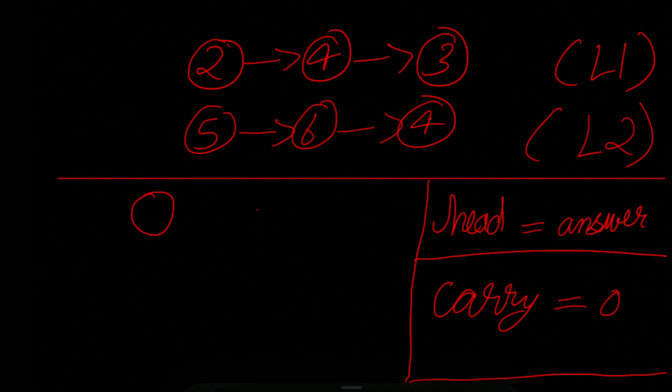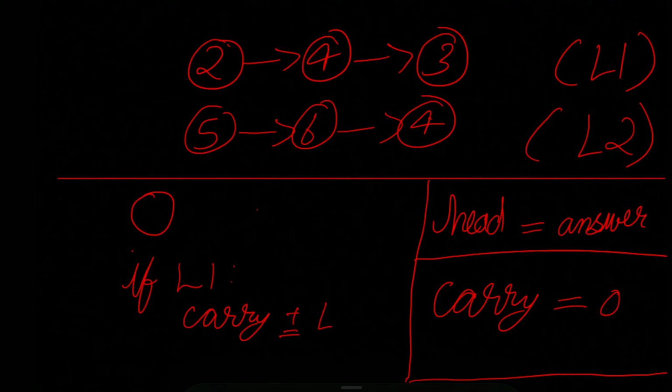In the first case, both L1 and L2 have some elements inside. So we'll have two main if statements. The first if statement will check if L1 has any value or not. If L1 has any value inside of it, we'll do carry plus equals L1.val.